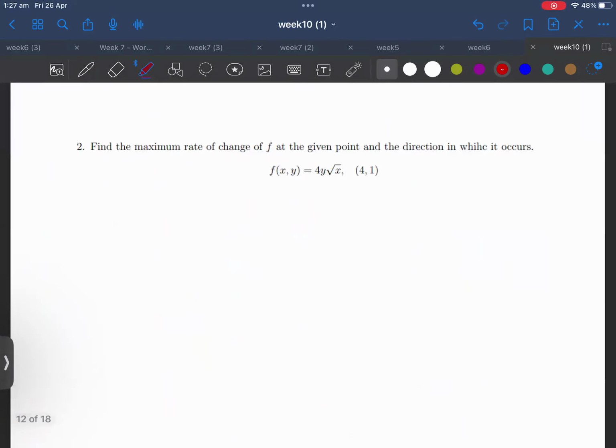Now we have the second question. Find the maximum rate of change of f at the given point and the direction in which it occurs.